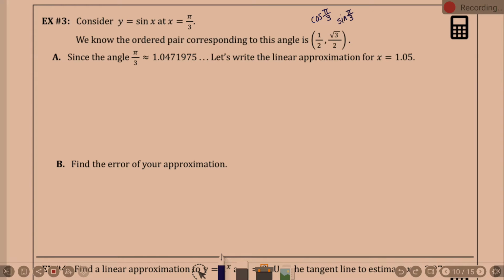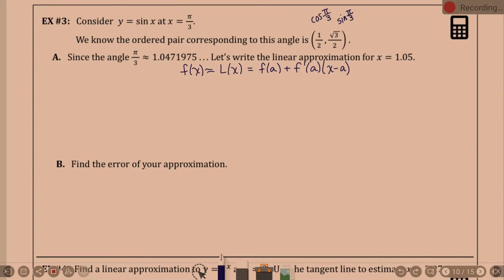With this in mind, looking at what we were looking at on the other page, remembering our linear approximation, which is what I want to start with: f of a plus f prime of a times x minus a.